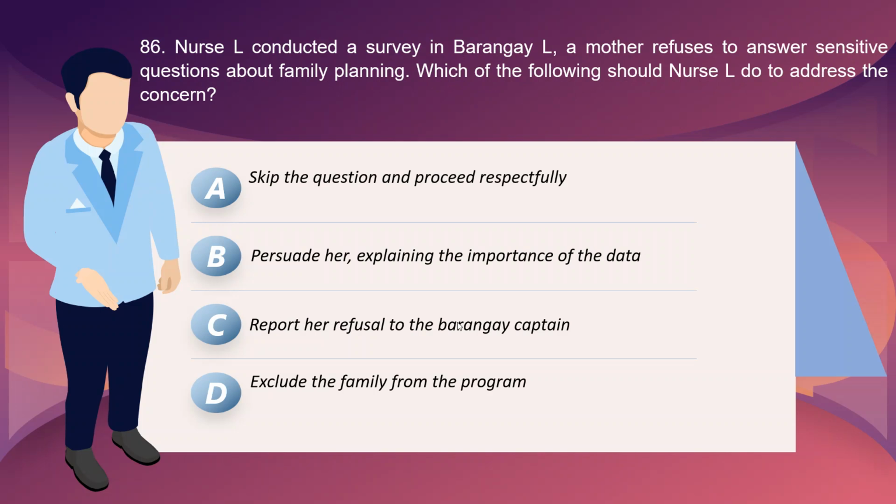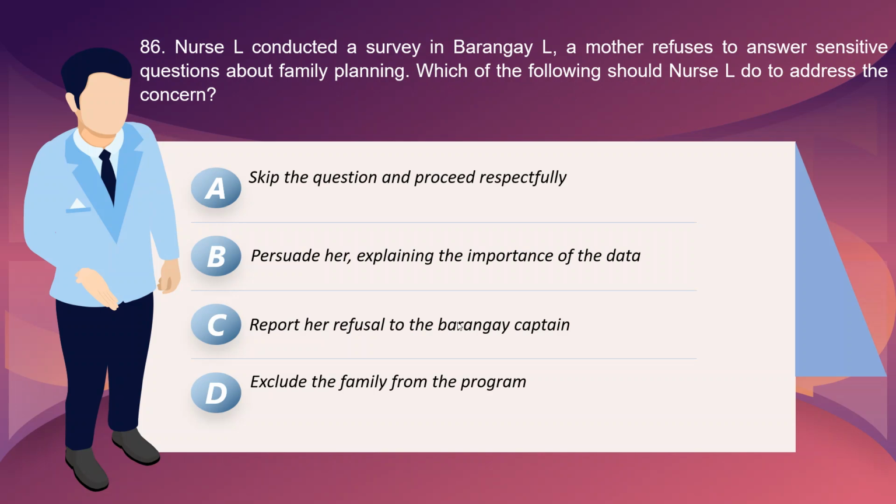Of course, when we are talking about confidential or sensitive questions, FAMORCA usually stresses that we need to respect autonomy and at the same time voluntary participation. So refusal must be respected, and that should actually prevent coercion or punitive actions.